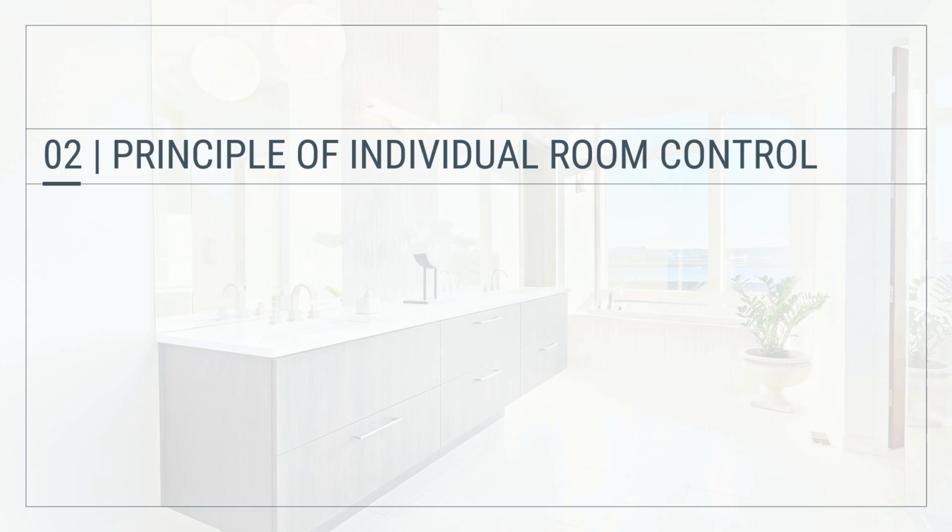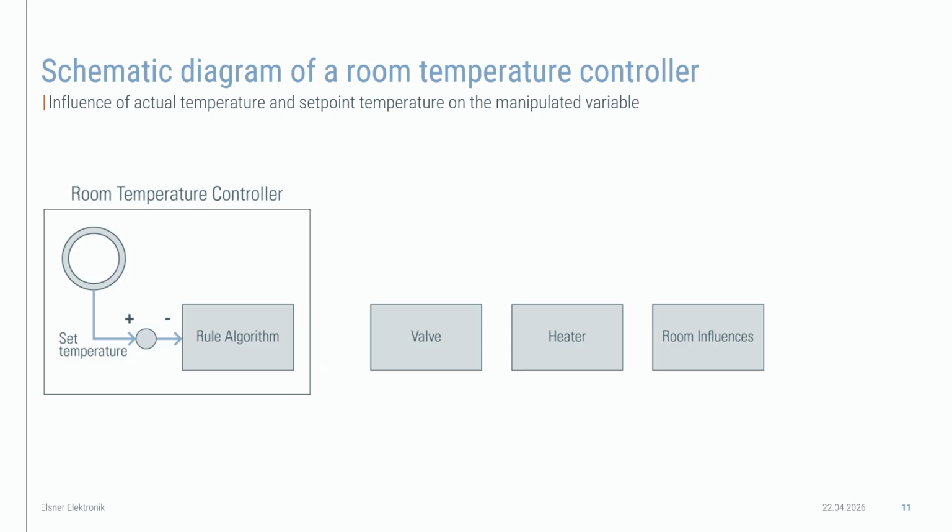For the principle of individual room control, we will have a closer look. Here we have a schematic diagram of the room temperature controller. This room temperature controller, shown in the box on the left, records the room temperature and sends the manipulated variable to the valve or actuator. The control valve is approached with a percentage value, for example 40%.